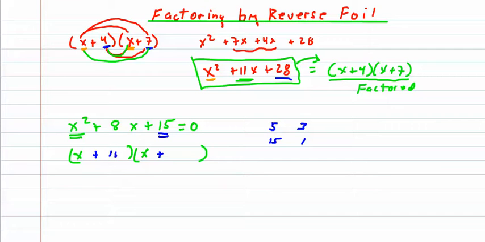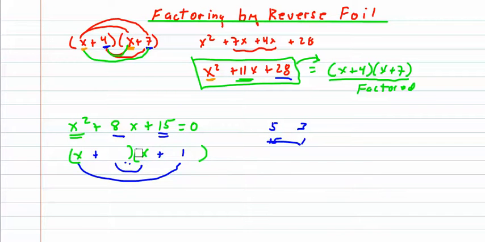If we use 15 and 1 and we check, we have 15x and 1x, double smiley face, and that gives us 15x plus 1x is 16x. I want 8x. Clearly that was not a good idea.